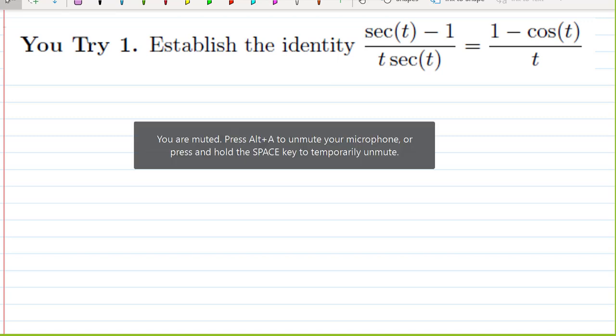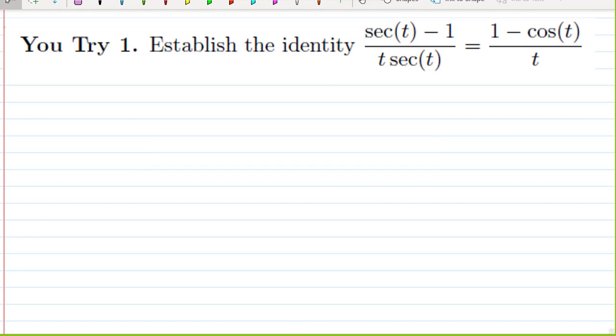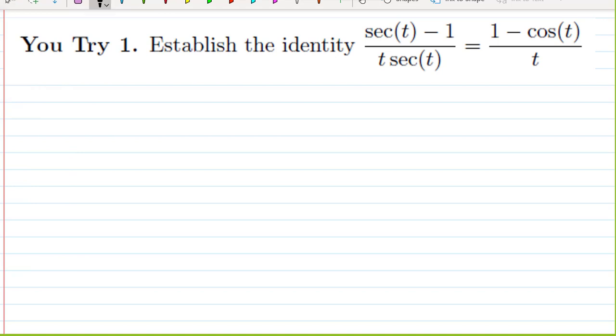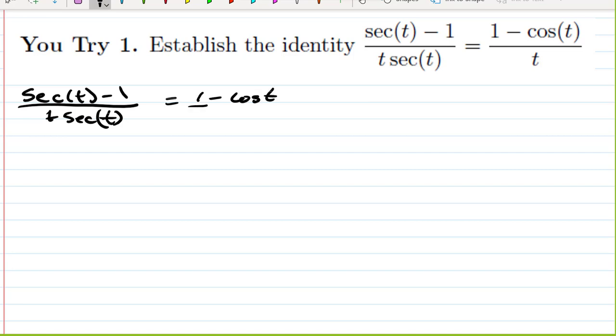All right, so to work this one, we're going to convert our secants to 1 over cosine. So we have the equation: secant t minus (1 over t) times secant t equals (1 minus cosine t) over t.